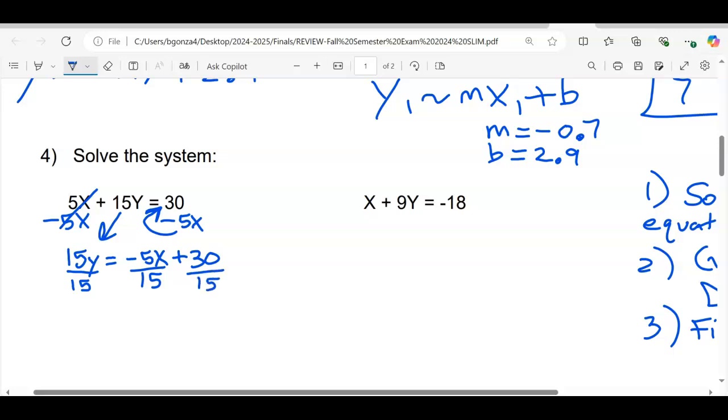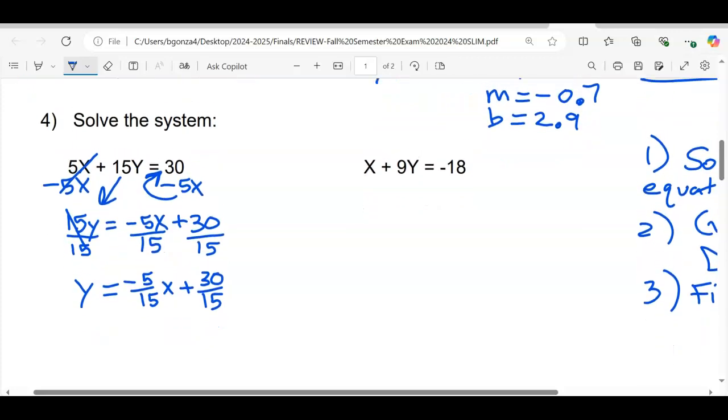Okay, so the 15s cancel. Y equals negative 5 over 15x plus 30 over 15.